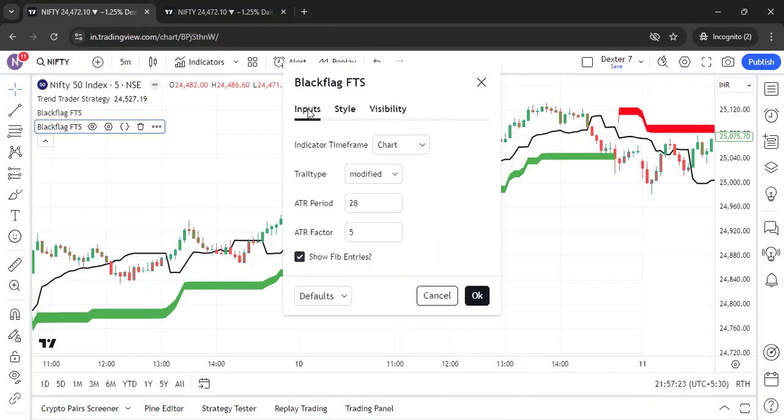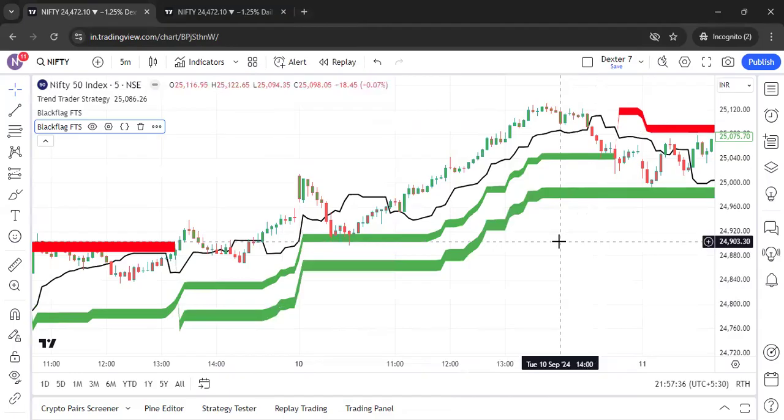But now we'll go to the inputs tab here for the second black flag. We'll change the ATR period to 200 and the ATR factor to 8. Okay. So this is how it's gonna look. All right. So now the first and the second part of adding the indicators and altering the settings is done.